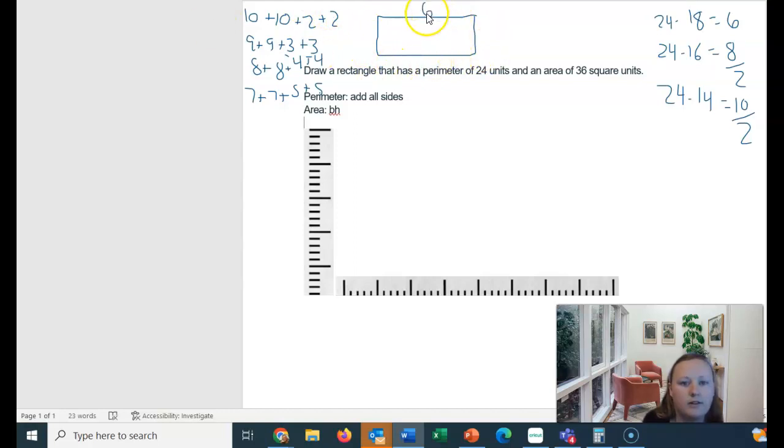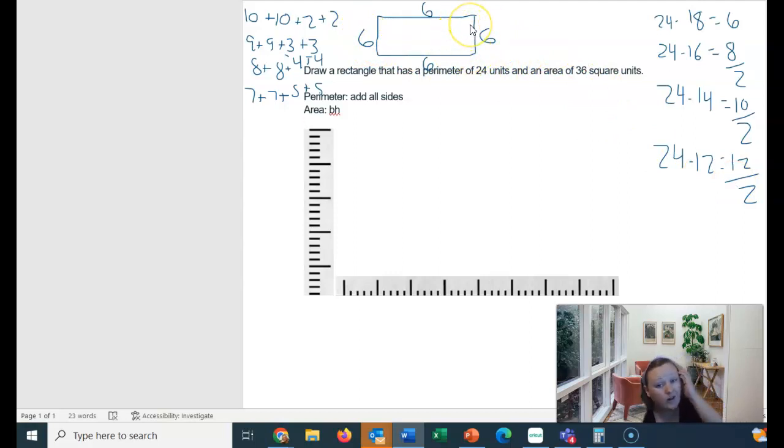What if I do 6 on this side and 6 on this side? 6 plus 6 is 12. 24 minus 12 equals 12. 12 divided by 2 is 6. So this would actually be a square, but a square is also a rectangle.